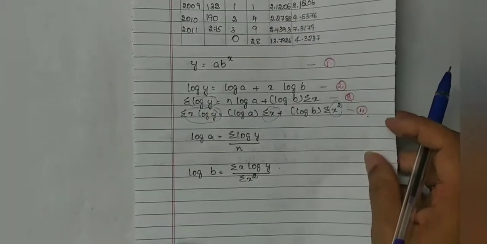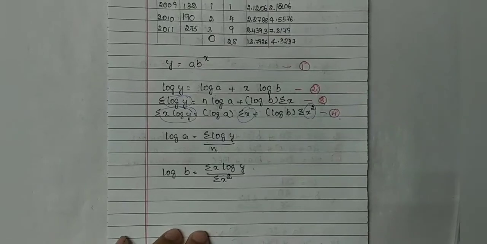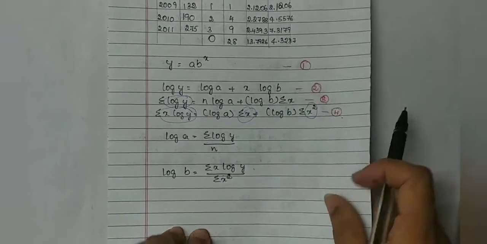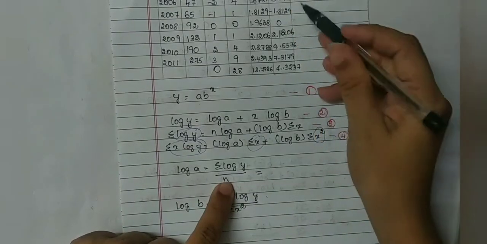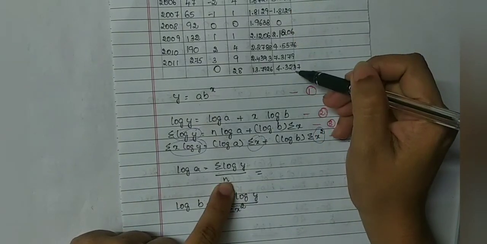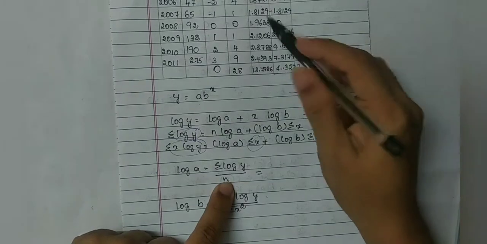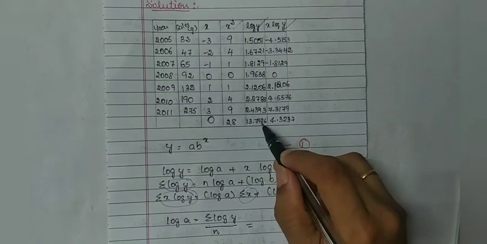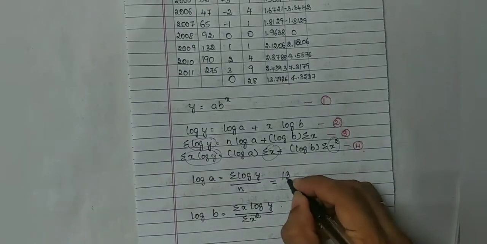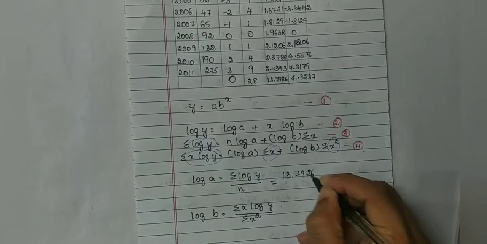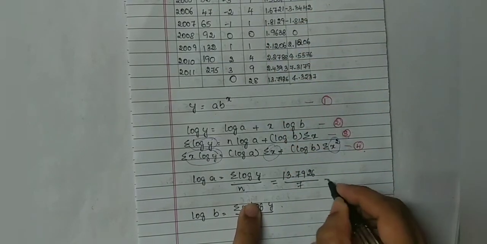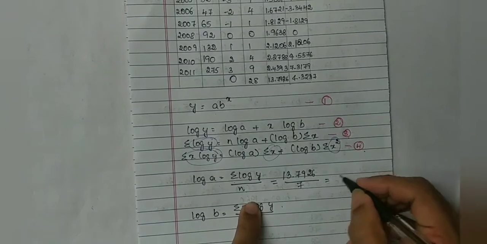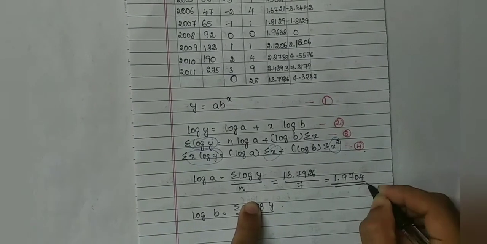So now let us start solving the problem. So log a, how to calculate? Summation log y. Summation log y value is here 13.7926 divided by n is 7. So the value of log a is 1.9704.